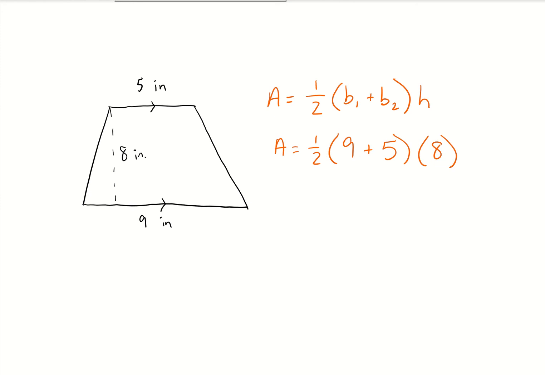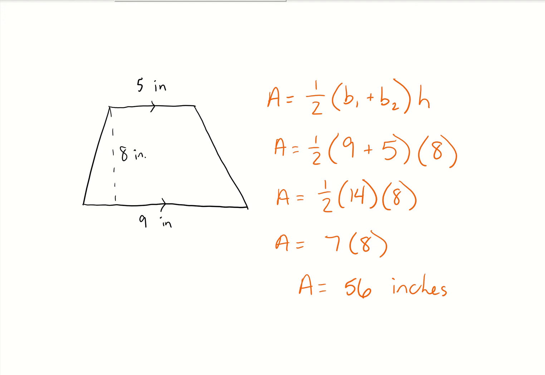So then we have our area equals 1/2. We do parentheses first, by order of operations, so then we have 1/2 times 14 times 8. Now all we have to do is multiply everything out. 1/2 times 14 is 7, and then 7 times 8 will give us 56. So the area of this trapezoid would be 56 inches squared.